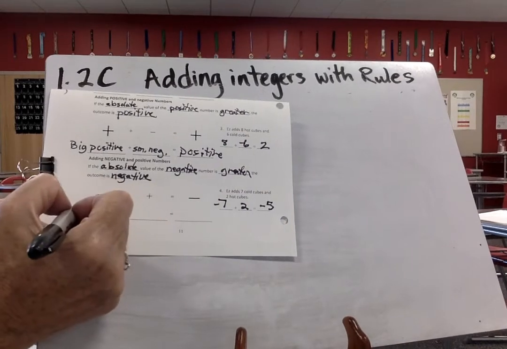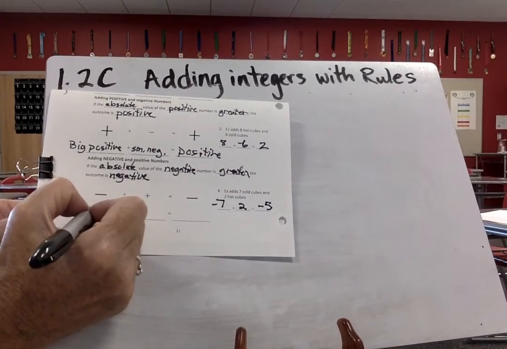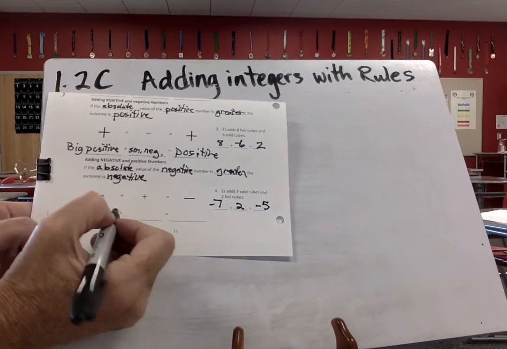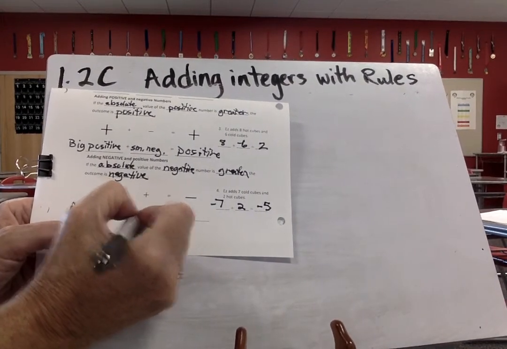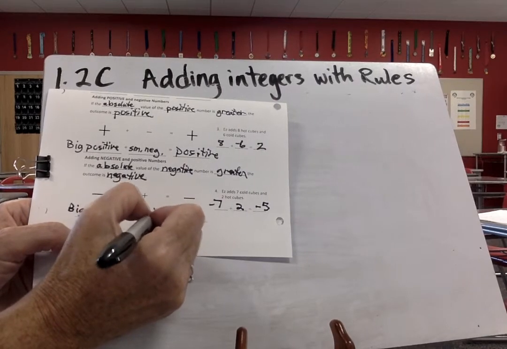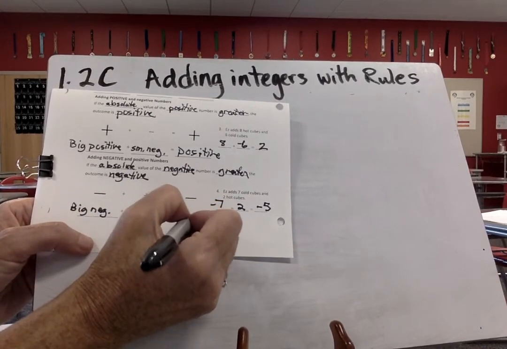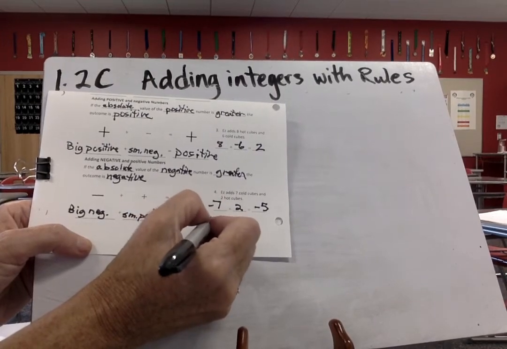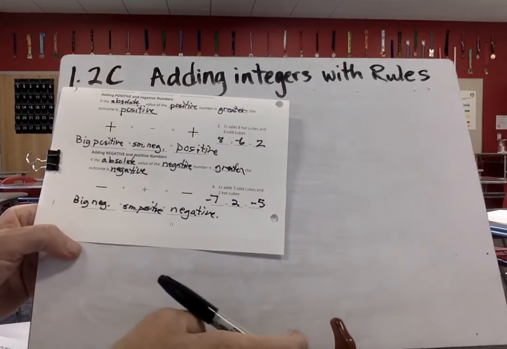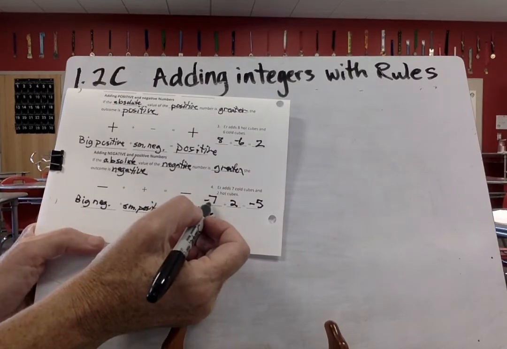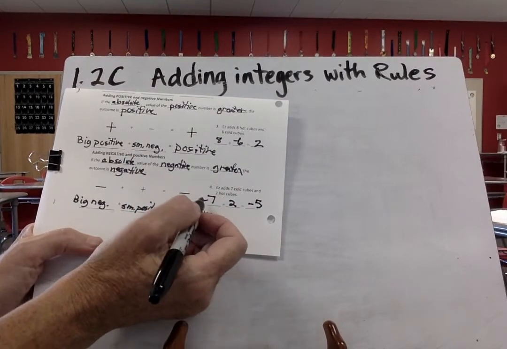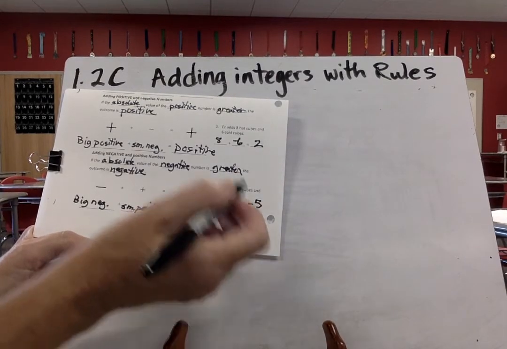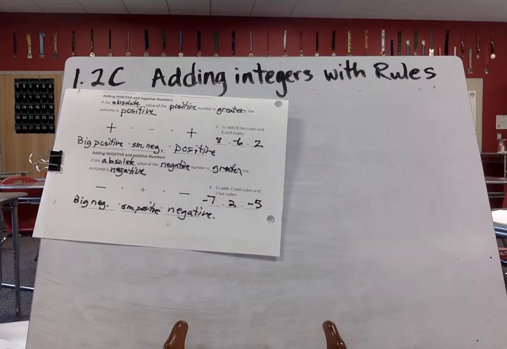Okay, so big negative plus small positive, your answer is negative. So the absolute value of negative 7 is 7. Absolute value of 2 is 2. 7 is greater than 2, so it's going to carry that same sign. Okay?